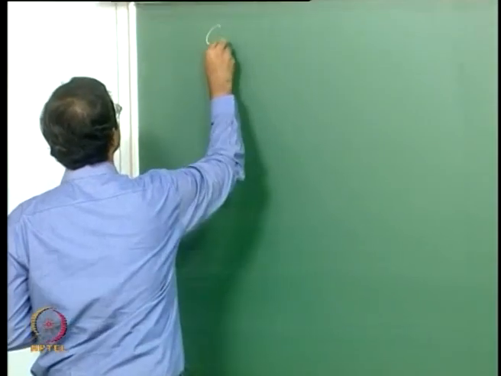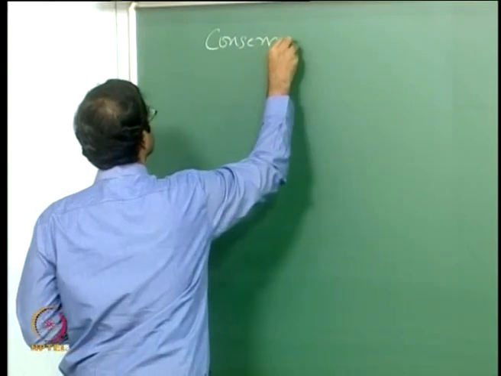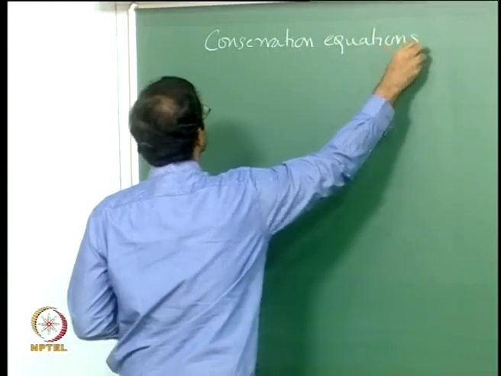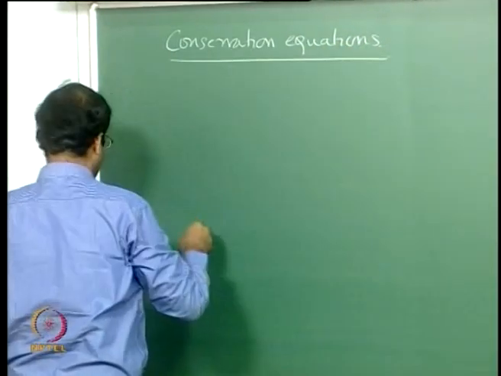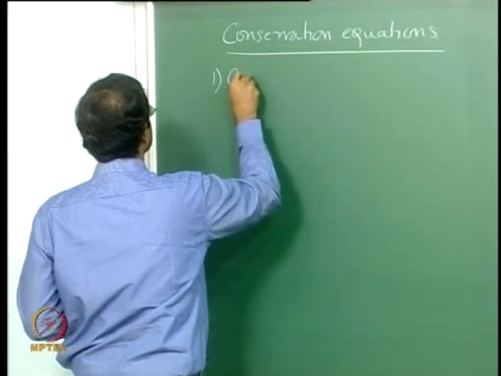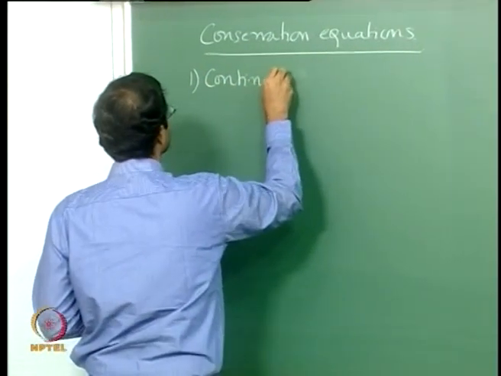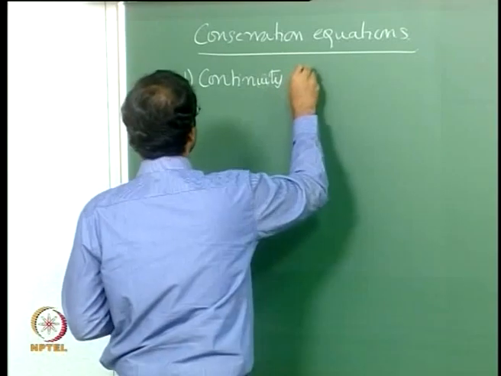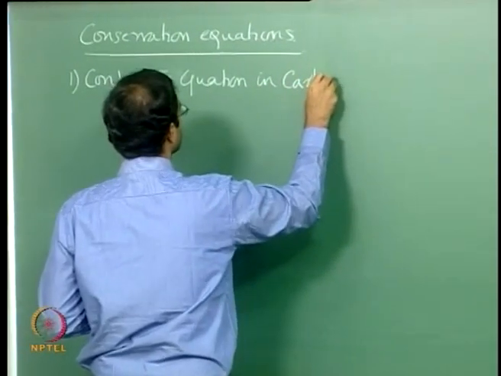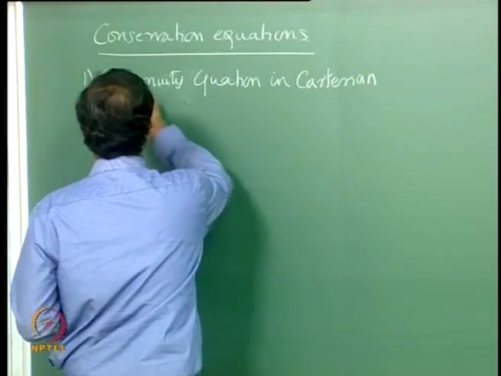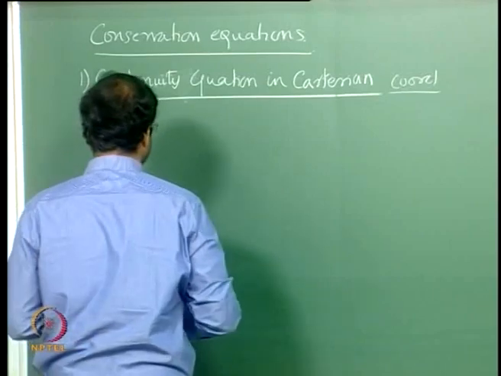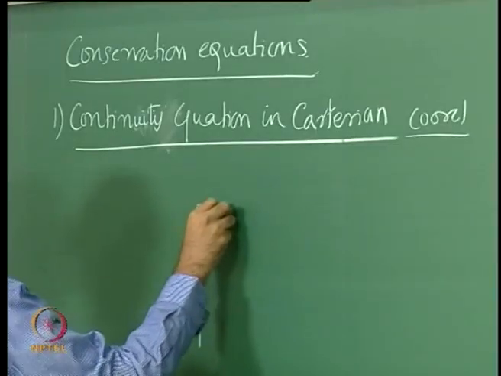So the topic will be conservation equations, and we will first start with the derivation of the continuity equation in the Cartesian coordinate system. Therefore we will first describe the Cartesian control volume in 3 dimensions.